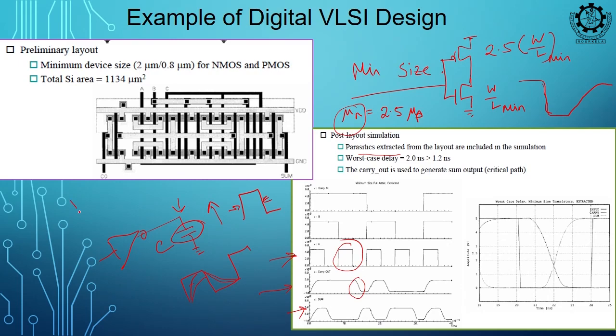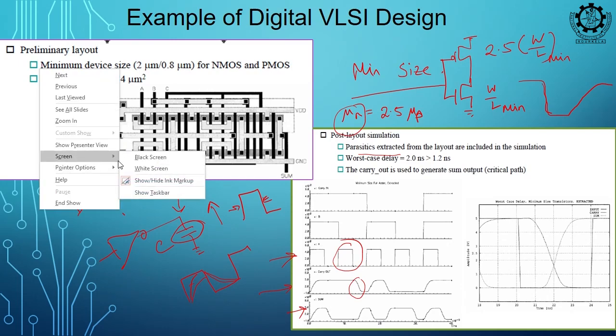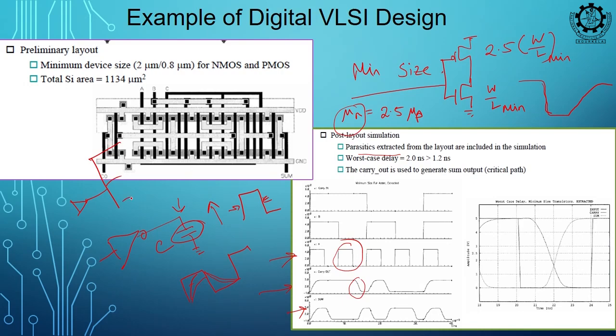Clear? Suppose this is your inverter and it is driving another 5 inverters, and you have designed this with a minimum W and minimum L. So, it may not be sufficient to drive all these 5. Generally we have a library, we choose from this. In the library we have different inverter designs.